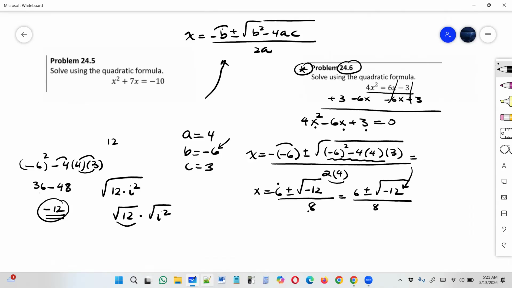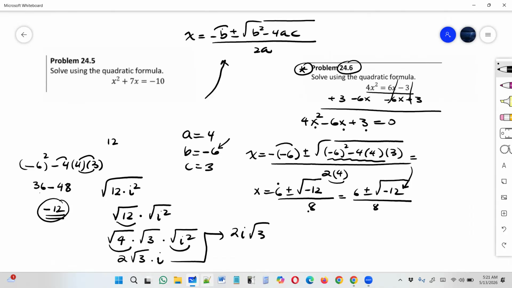And 12, it's not a perfect square. So I have to break this a little further. So this is going to be radical 4, radical 3, radical i squared. This is 2. The radical 3 stays as radical 3, and this is i. And the way we write this is always leave the radical last. 2i radical 3.